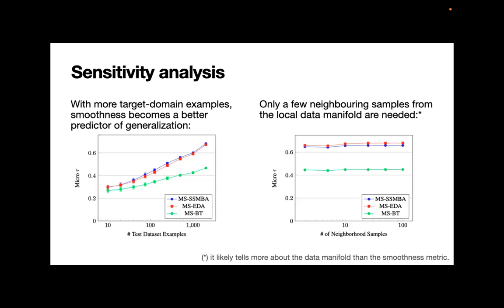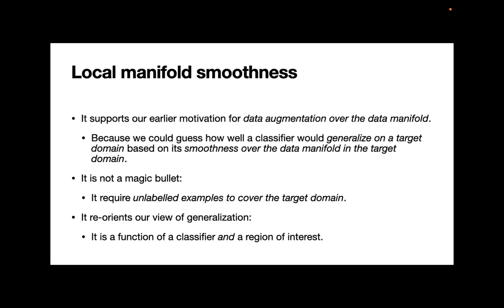But one nice thing is that all we needed was about 1,000 unlabeled examples, so we're not using the labels, to tell which classifiers are going to generalize better. That makes it really practical to use, and also confirms that the whole research program on data augmentation has not been a moot point. So that's actually great.